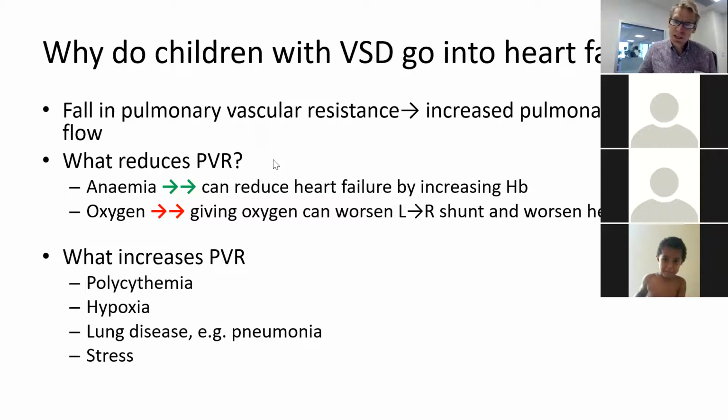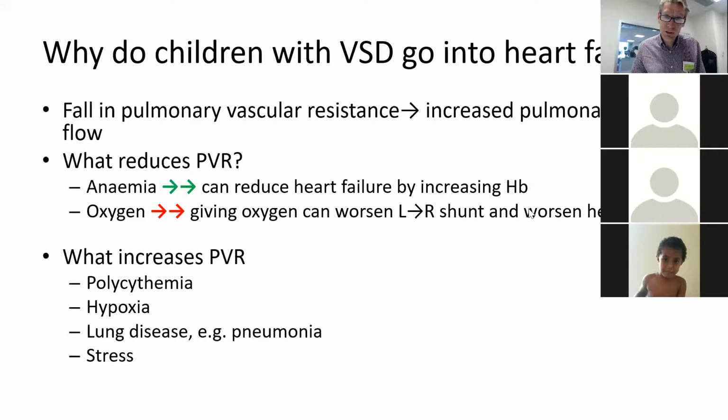Things that can make it worse include anemia. If the child becomes anemic as well, that can increase the amount of blood flowing through the ventricular septum. Also, as I mentioned last week, if you give children with VSDs too much oxygen, that can reduce their pulmonary vascular resistance, which you'd think would be a good thing, but in a child with a VSD it may actually cause the shunt to increase and more blood to flow into the lungs.